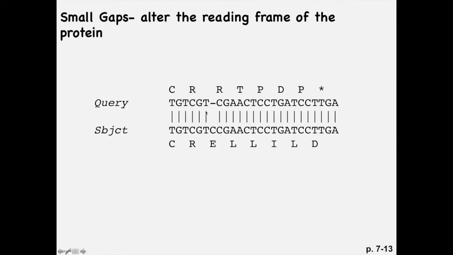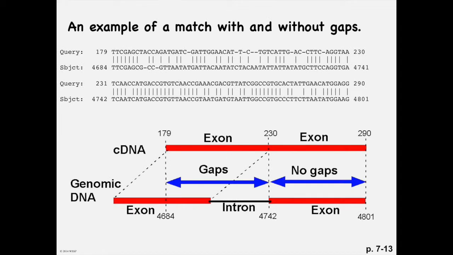Small gaps can alter the reading frame. So when you put your sequence into NCBI, it'll actually incorporate in the algorithms a way to see if there are possible gaps, and if the gaps, when placed into your sequence, into the query, actually make a better match. So it will give you that information as well. So here's an example of a match with and without gaps.